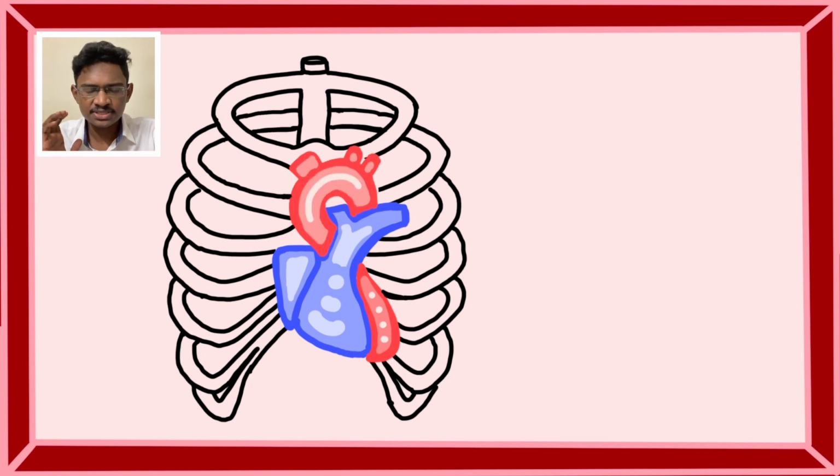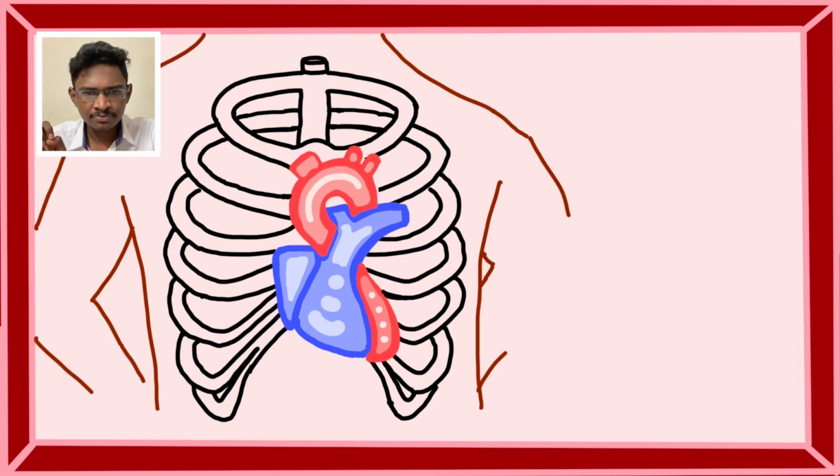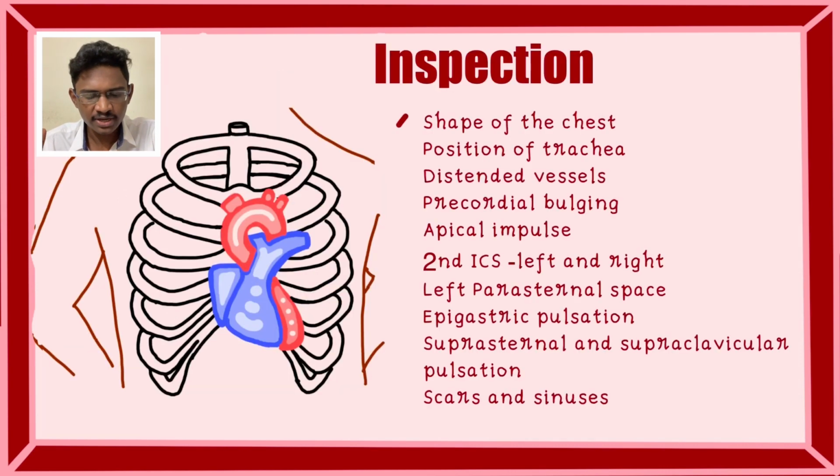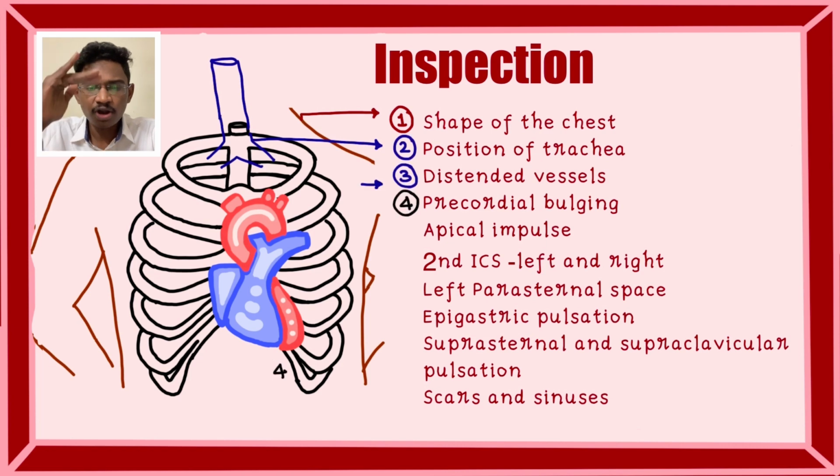In seeing the chest, you can see the shape, and then the position of trachea, whether it's central or whether it's shifted to left or right. Then you can comment upon any distended vessels and the precordial bulge. How is the precordium? Whether any bulging is there or not.